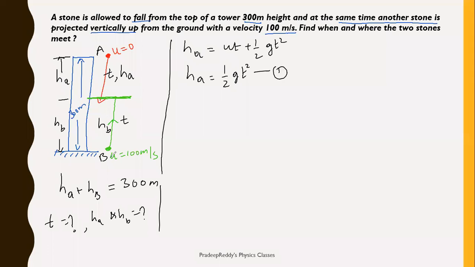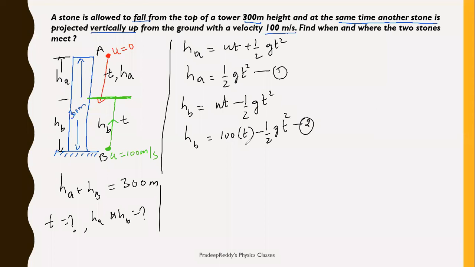Coming to the second, when the body is being thrown up from the bottom, hb is equal to ut minus half gt square. Time taken in both cases is the same. What is u given? 100. Therefore, hb is equal to 100 into t minus half gt square. This is equation number 2, right? We know that ha plus hb is equal to 300 meter.